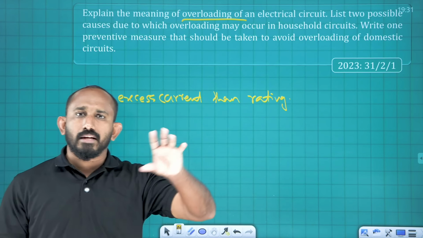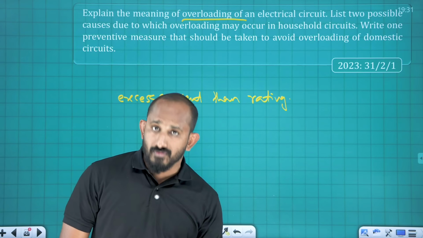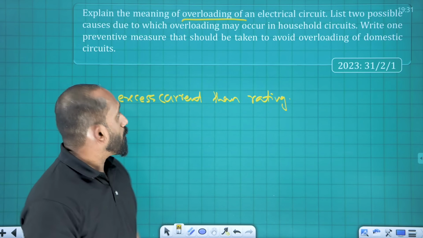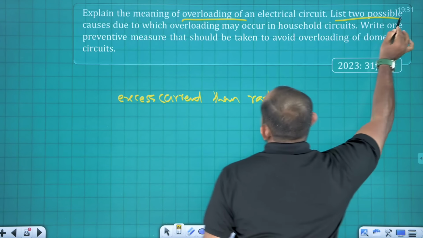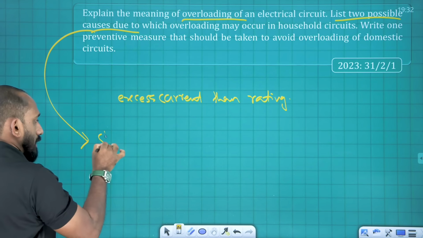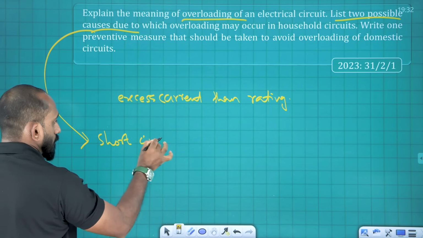Suppose a device has a rating of 5 ampere. If current passes 15 ampere or 10 ampere, that is overloading. Okay? Now, list 2 possible causes. So, 2 possible causes: one is short circuiting.